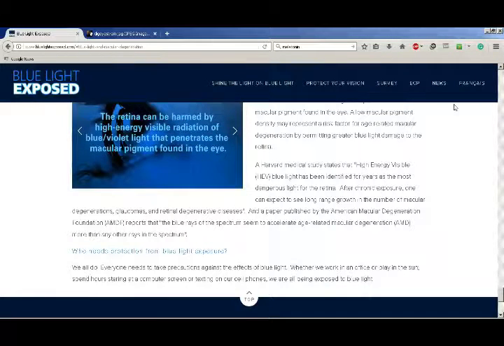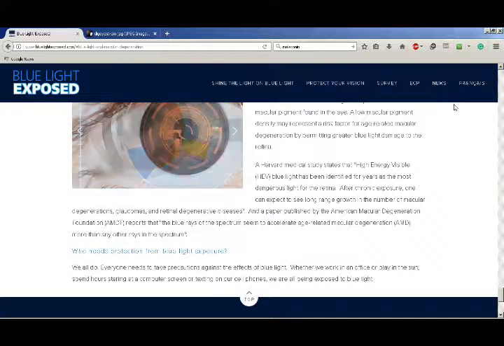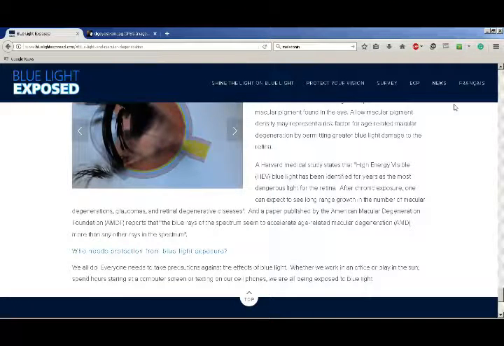So out of all the rays found in the spectrum of light, blue rays happen to be the most detrimental to your eyesight. Now check that out.